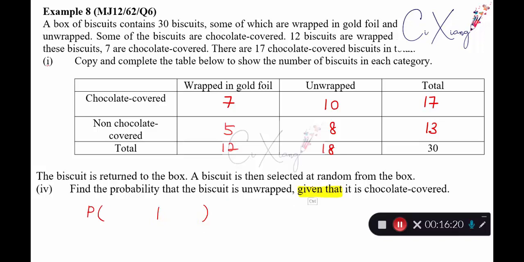Given that it is chocolate covered, that means chocolate covered is the event that already happened first. Therefore, I write chocolate covered on the right hand side of the symbol. After that, the event we focus on finding out is unwrapped, so we have unwrapped on the left hand side.